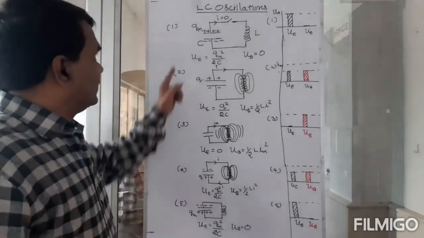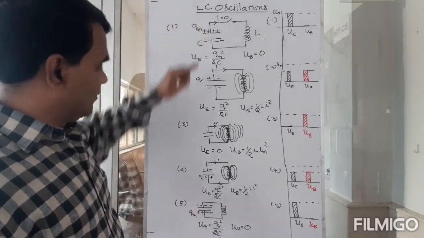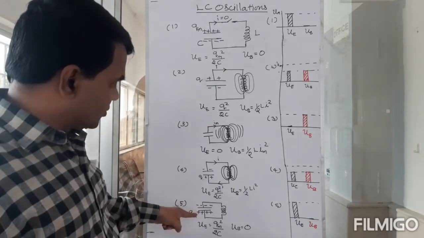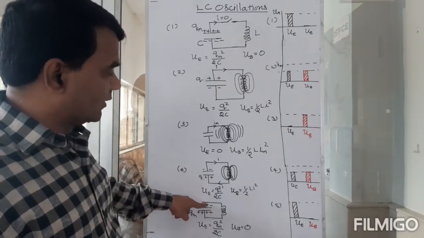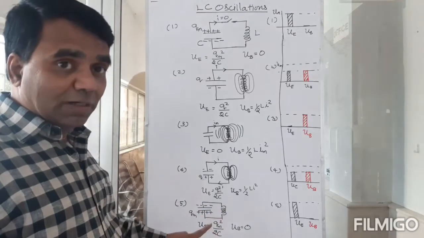Note that I am reversing polarity. I started with this positive and negative, and then I come down to this position where I have positive charges on this plate, negative charges on that plate, and there is no current here. But now, what will happen?